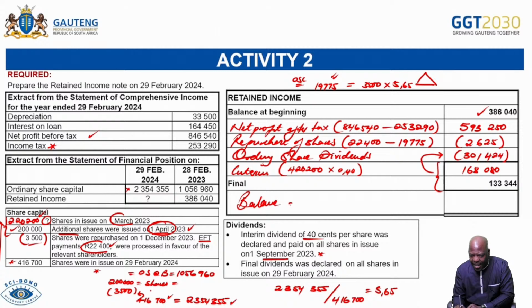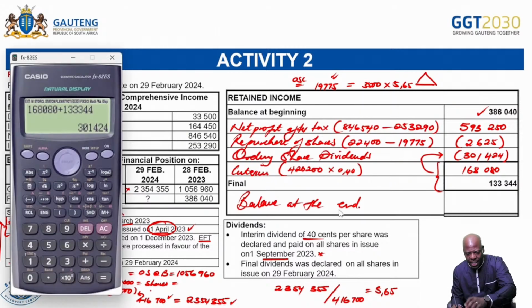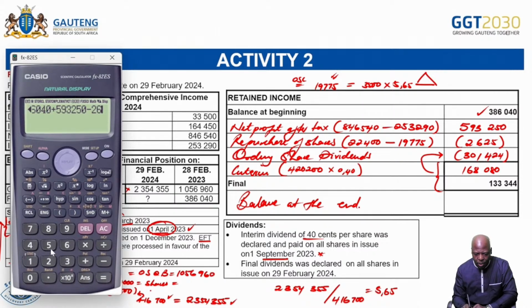Now we can get our balance at the end. Let's get our adding machines ready and we follow mine. What does it say? 386,040, which is that one. Then we're going to say plus my 593,250. So we're adding that one. Then we're going to say minus 2,625.